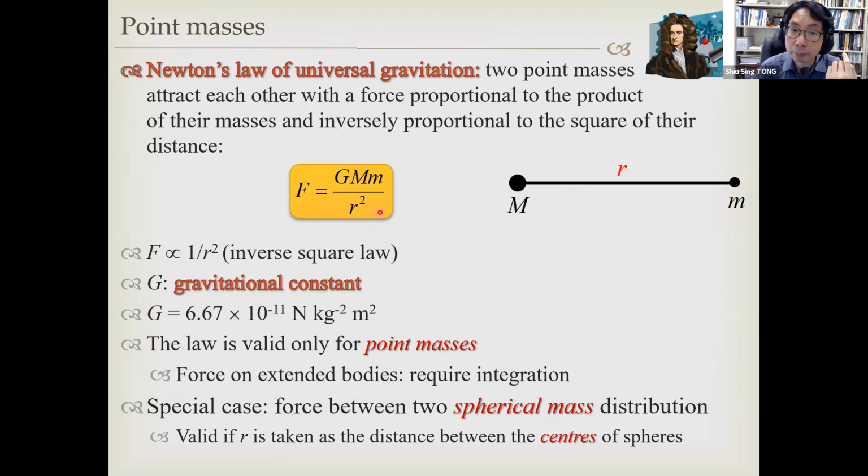So this is the law. Sometimes this force law is called the inverse square law force because the force F is proportional not to R, but to the inverse of the square of the distance. So it's sometimes called the inverse square law.